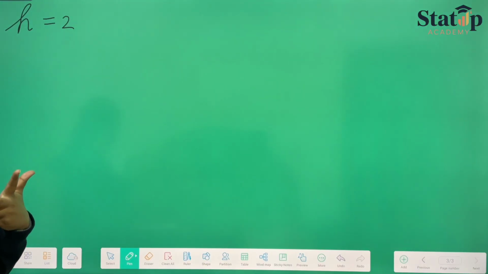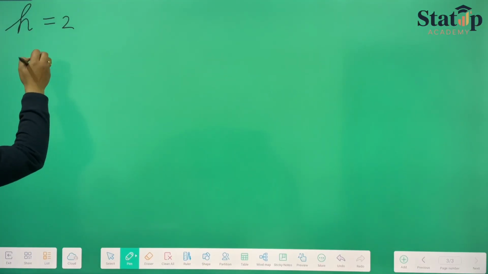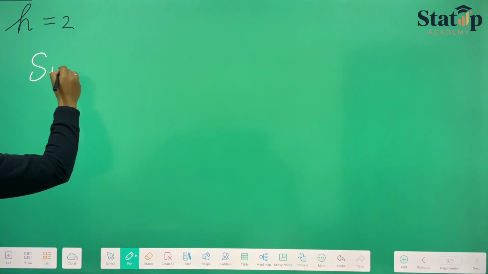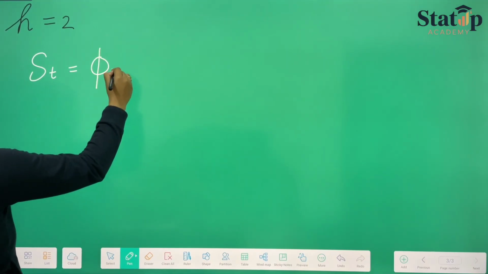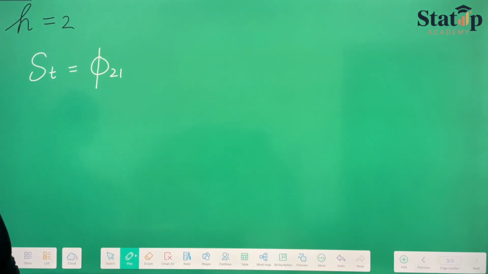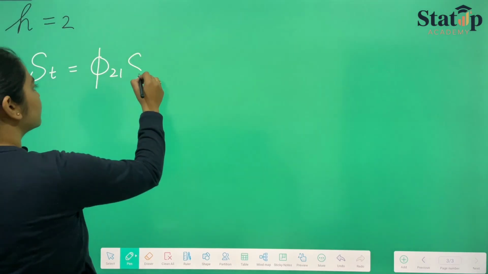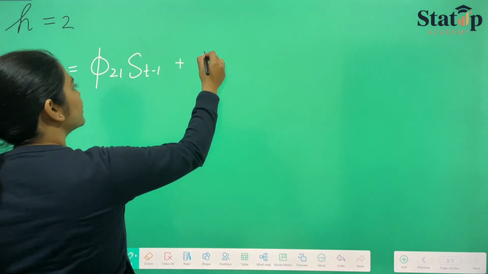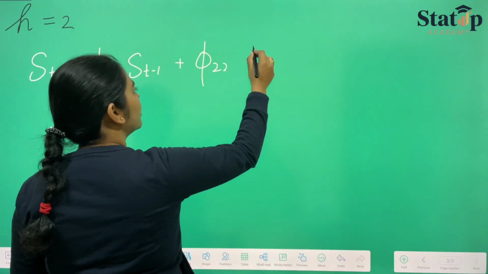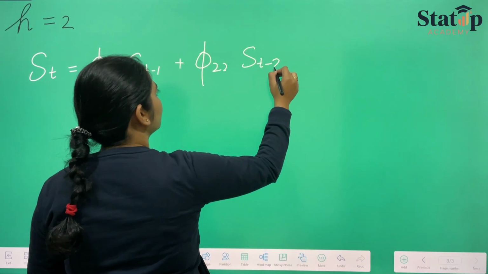So the formula for st would be phi 21 st minus 1 plus phi 22 st minus 2.